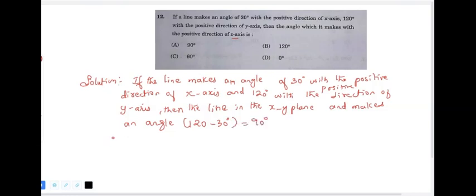It makes an angle of 90 degrees with the z axis.